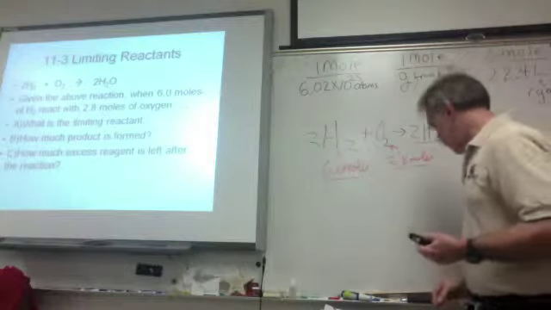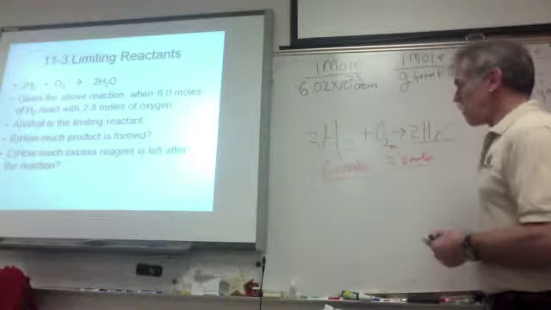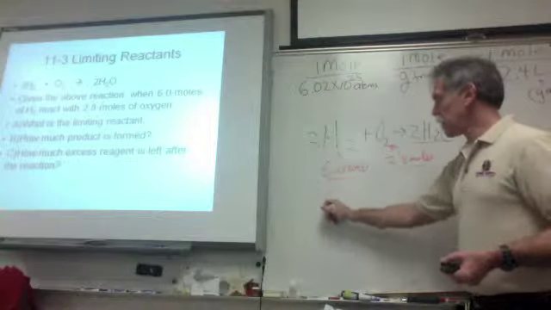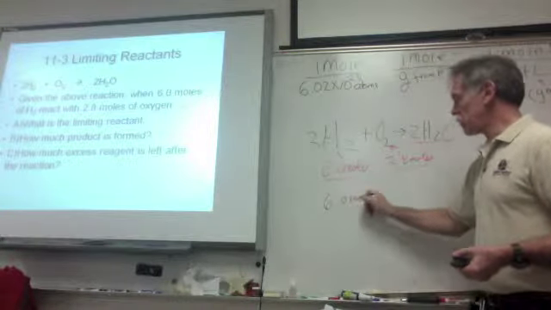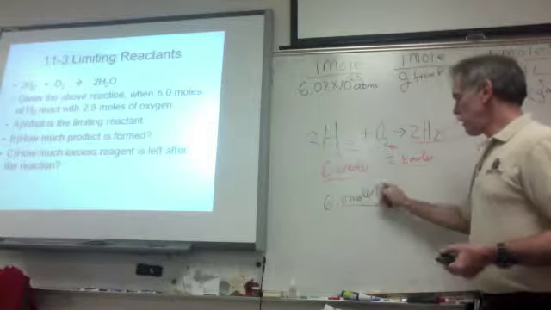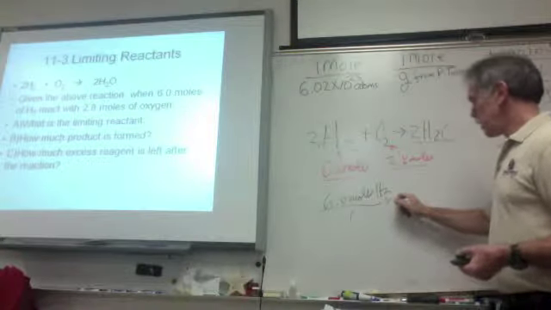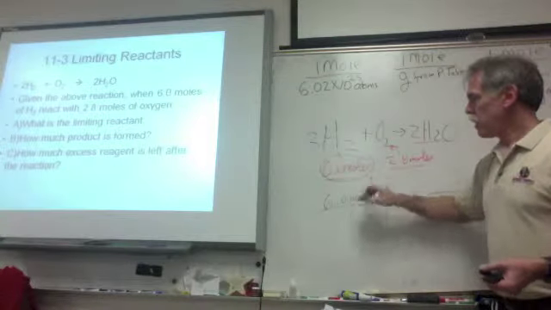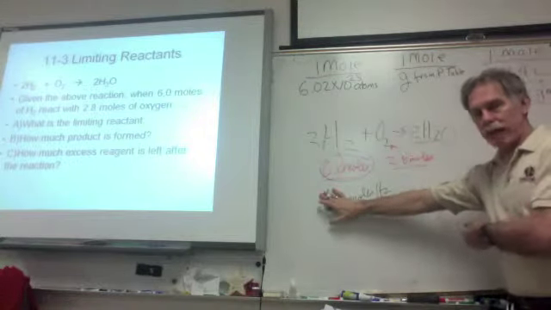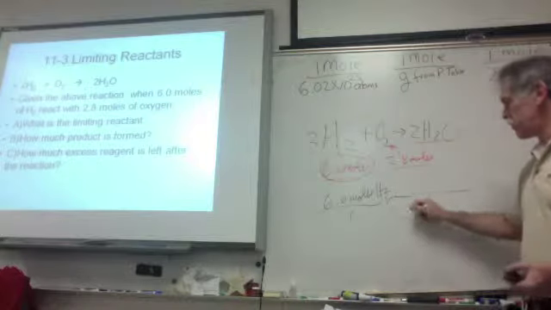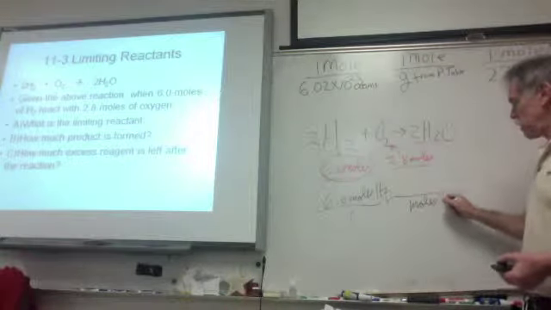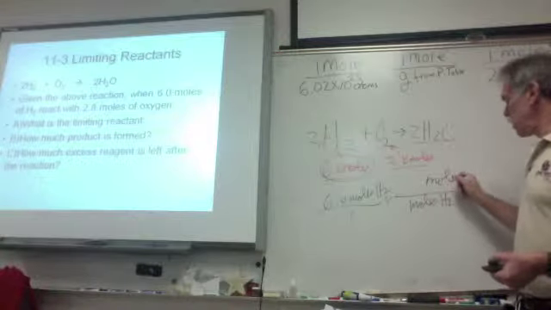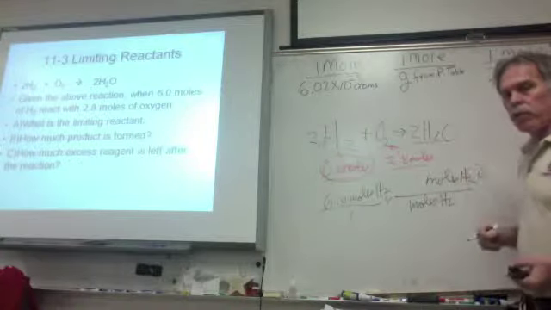We're going to set it up and solve both of the knowns for H2O, for product. So we have 6.0 moles of H2. Draw 2 blanks. Here's our known. We're going to cover the number, drag the units down, moles of H2, and we're going to solve for moles H2O.